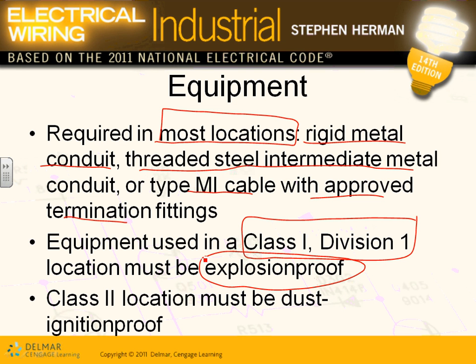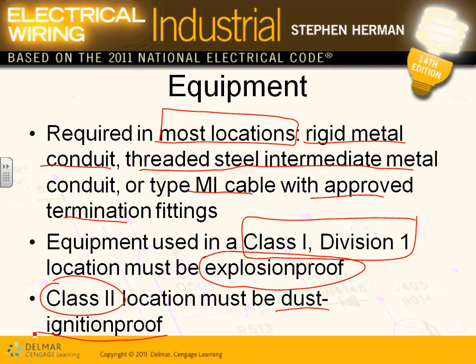I'll show you a couple of examples of how it looks in a second. Location must be in a Class 2 location, dust ignition proof. Because we have dust, the equipment is dust ignition proof, so it doesn't allow the dust to get inside that piece of equipment.